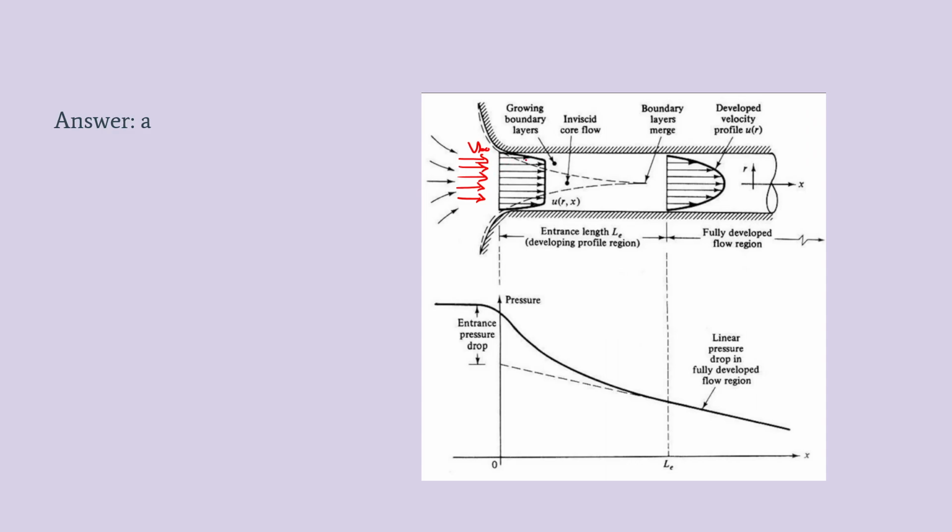Then when it hits the boundaries of the tube or the circular duct, the boundary layer starts to form and starts to reduce the velocity, and it changes its shape from a rectangular shape to something like this. It will eventually keep on changing the profile until it becomes a parabolic profile.